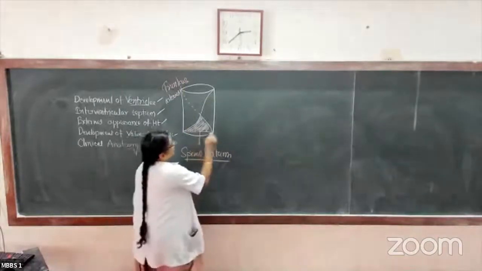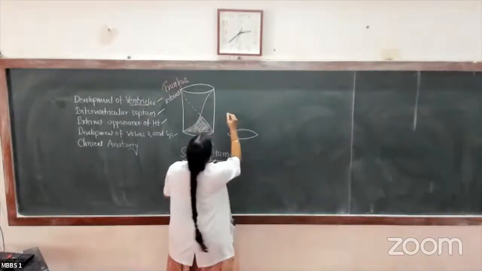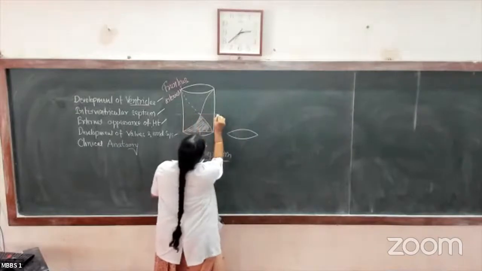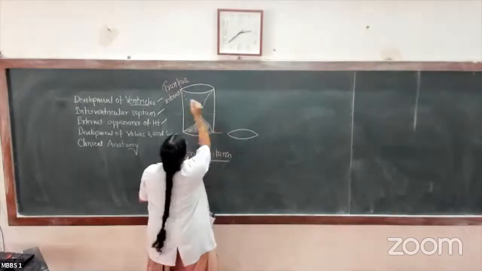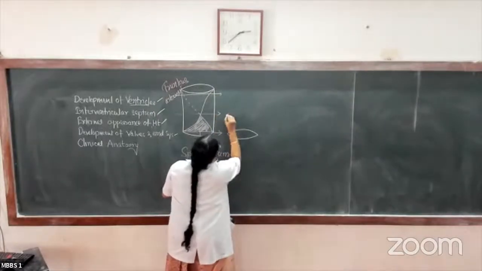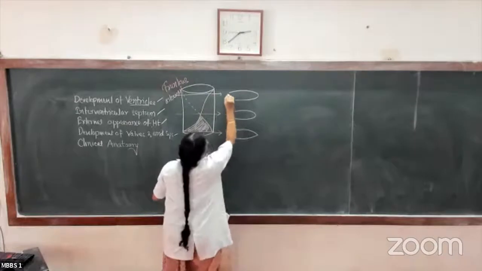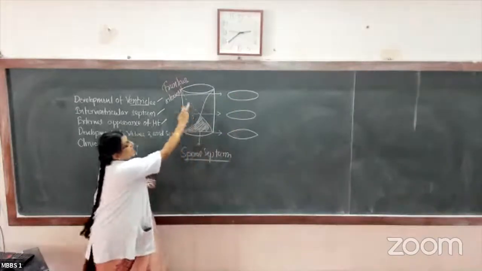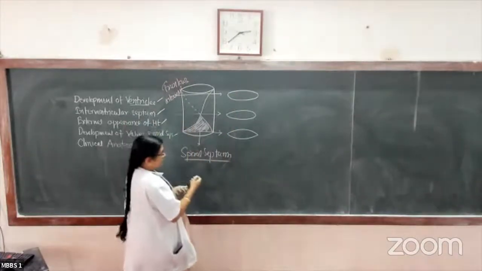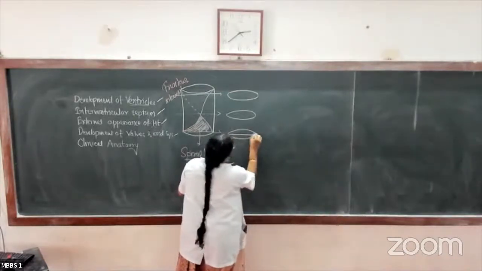Now if you take a cross section here, in the middle, and here, you should know these three cross sections at the proximal end, middle and distal end. At the proximal end, the septum is coronally oriented.